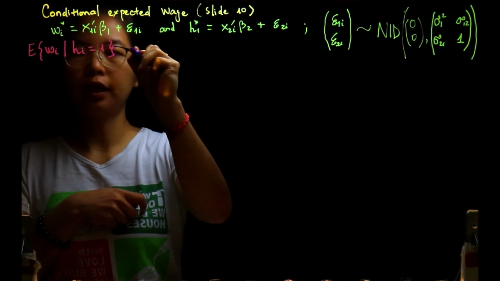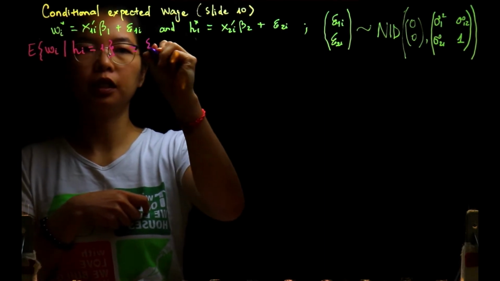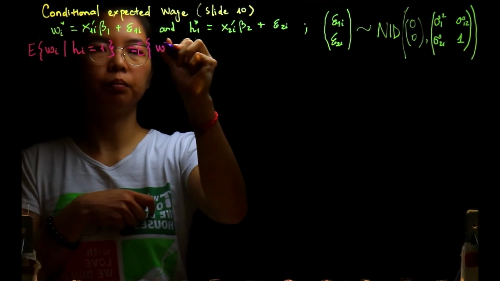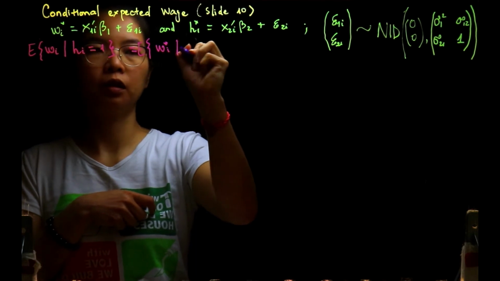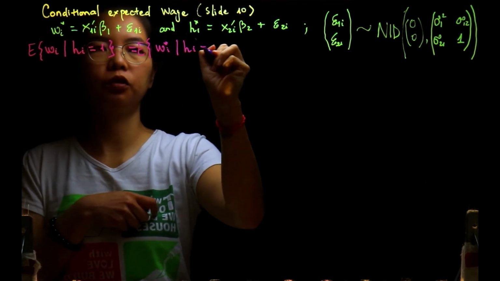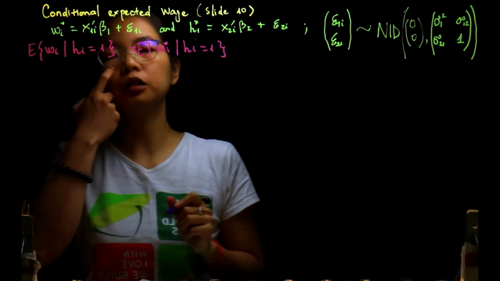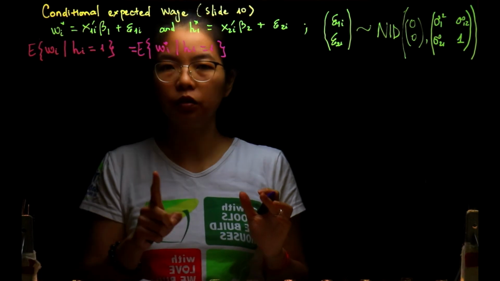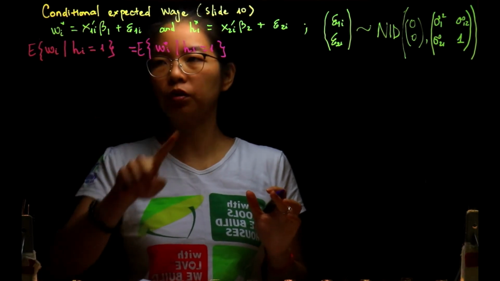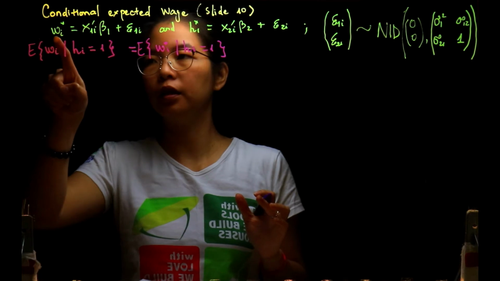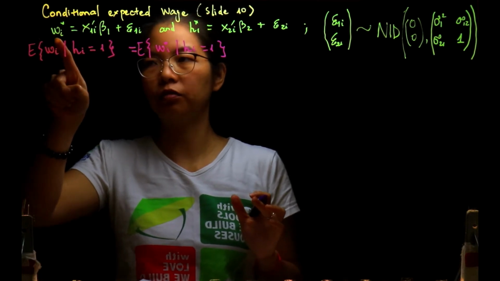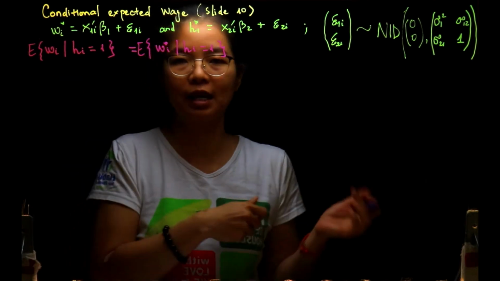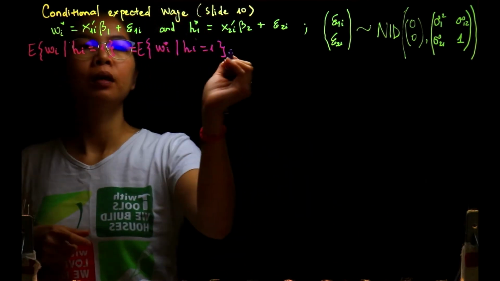The first thing to realize is that it actually equals the expectation of Wi star conditional on Hi equal 1, right? Because when Hi equals 1, meaning the person is working, you observe part of this latent wage process, which is the same as Wi that we set out in the beginning, right?